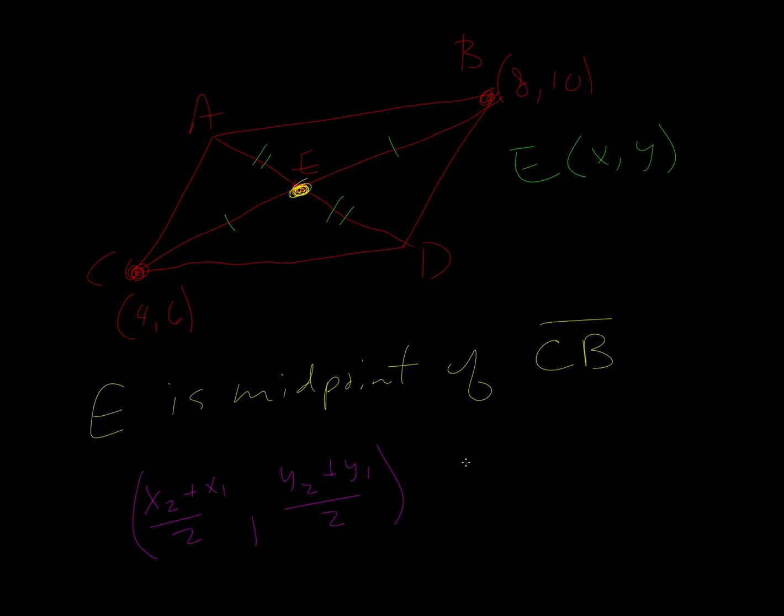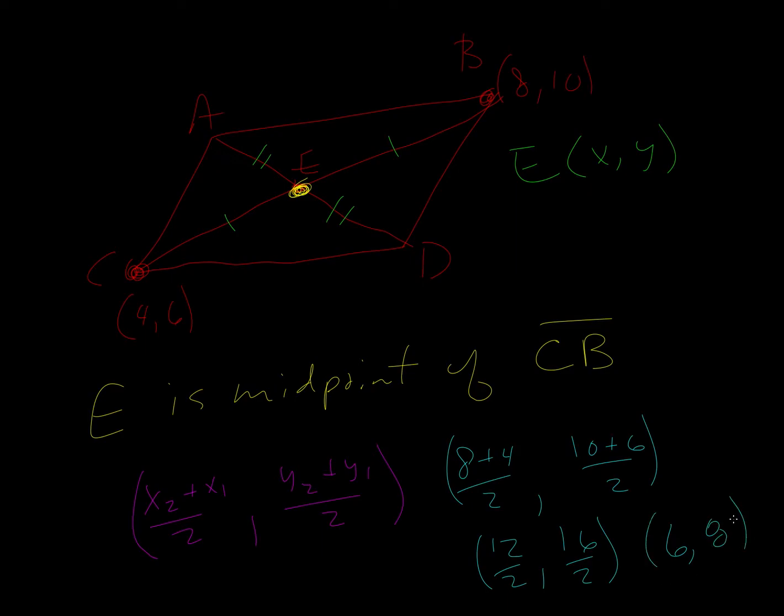So we get 8 plus 4 over 2, and 10 plus 6 over 2. So that's 12 over 2 and 16 over 2. So that becomes 6, and that becomes 8. And those are the coordinates of E. Okay?